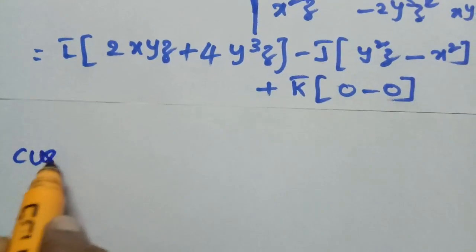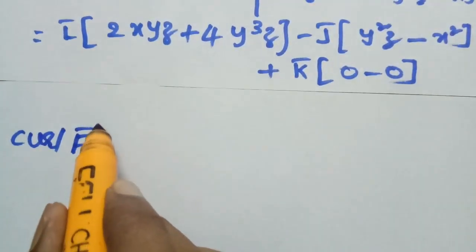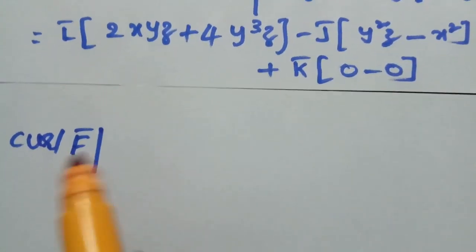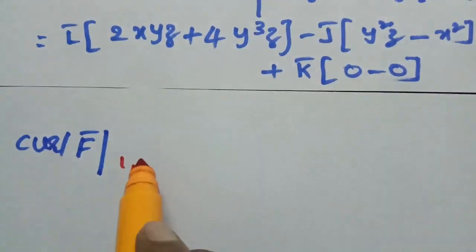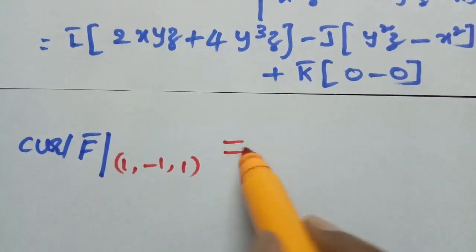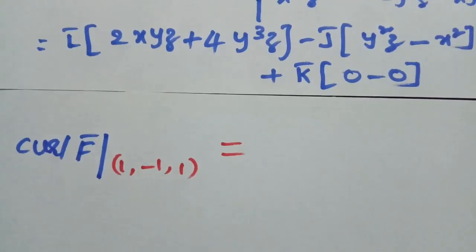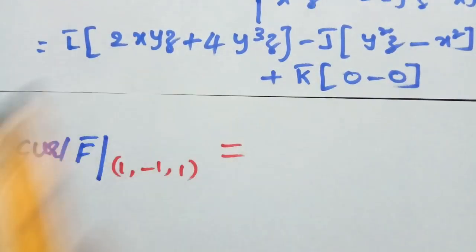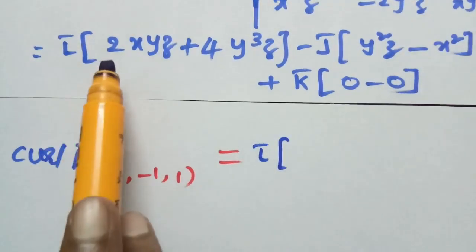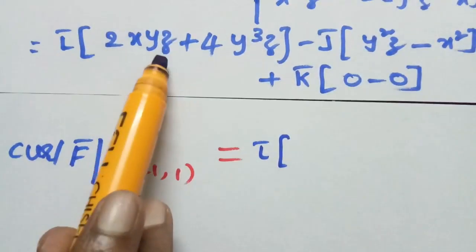Now curl F bar at the point 1 comma minus 1 comma 1 equal to, now substituting x equal to 1, i bar into 2 into 1 into minus 1 into 1.